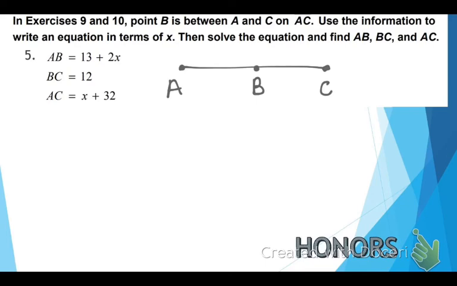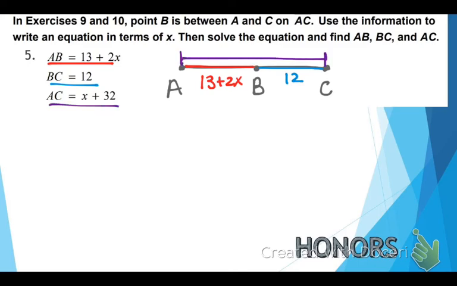We're going to take each of these, AB, which is this one. The length is 13 plus 2x. The length of BC is 12. And the length of AC is x plus 32. I'll give you a second to write it down.